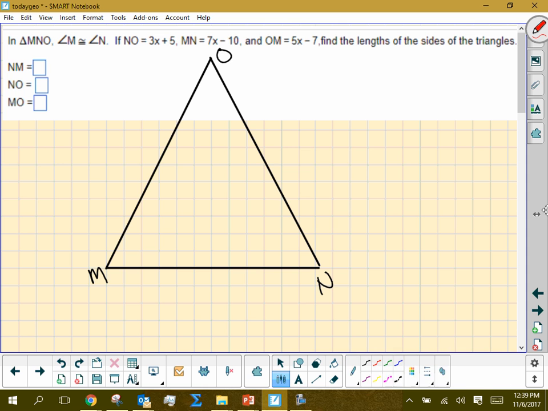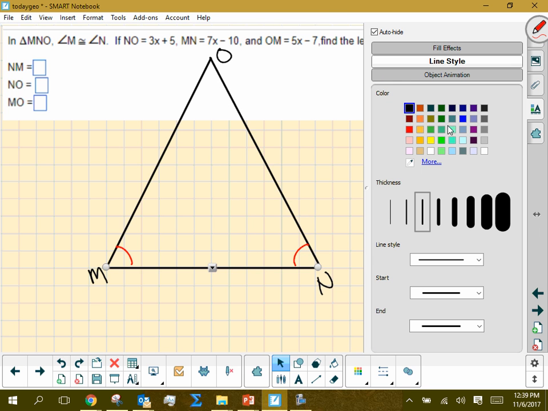Now, like I said, this will make a whole lot more sense when we talk about isosceles triangles. But we know those two angles are congruent. We talked about this before. If I have a line here, let's just color this line blue.